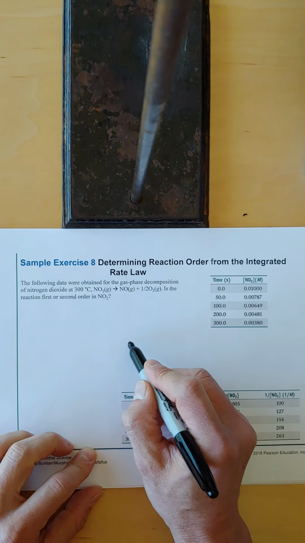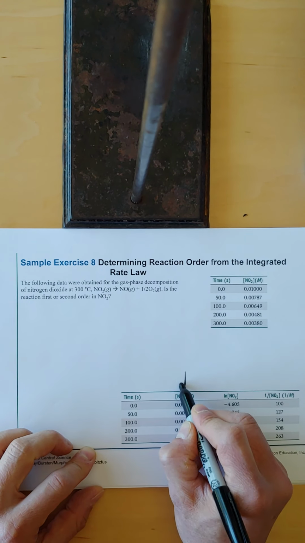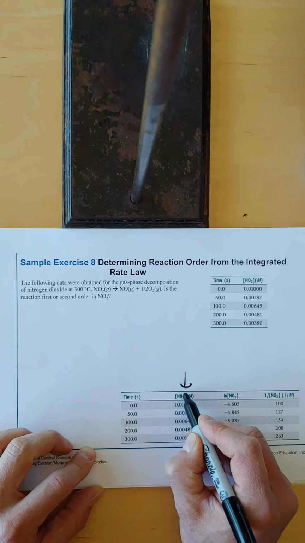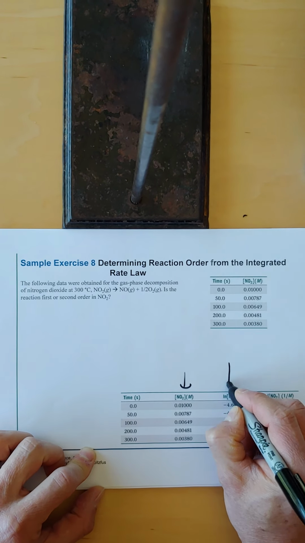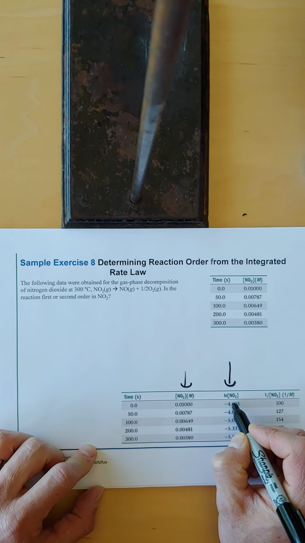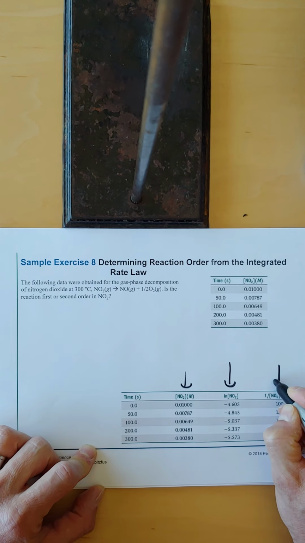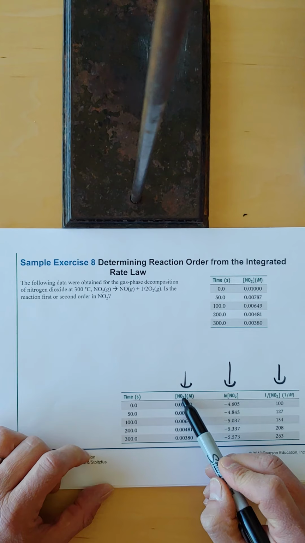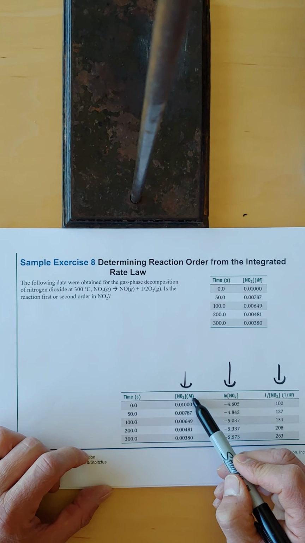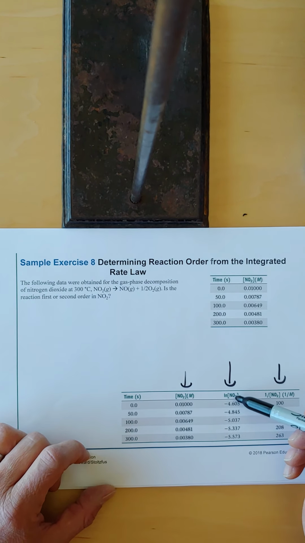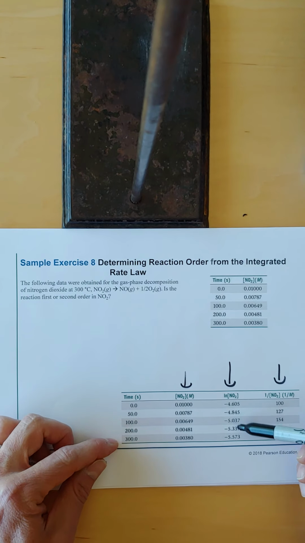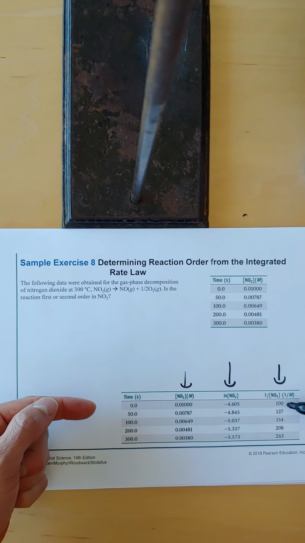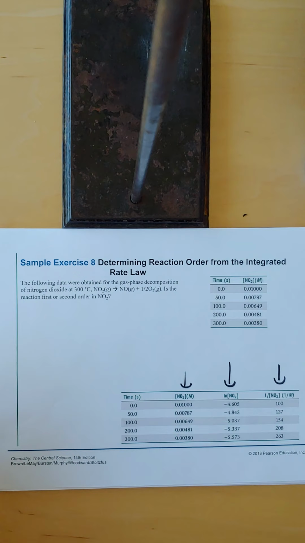If we look down at this table, we've taken our concentration of NO2 and calculated the log of the concentration, and also 1 over the concentration, at these different times.